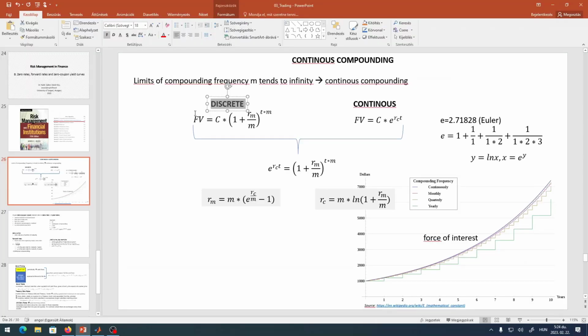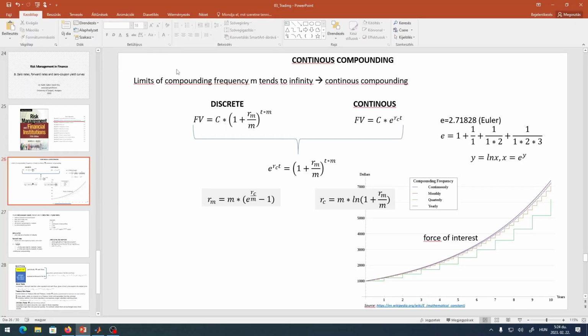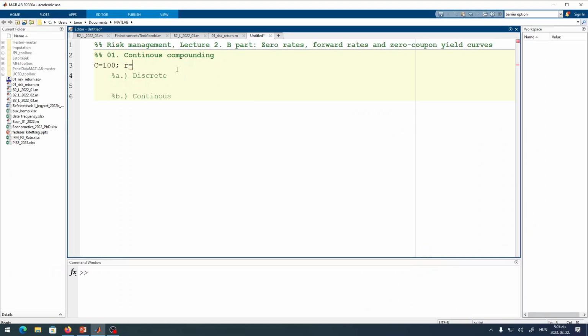Right now let's just build up. Let's say that the underlying cash flow is 100 and the rate is, let's say, 10%, oh sorry, 0.1.